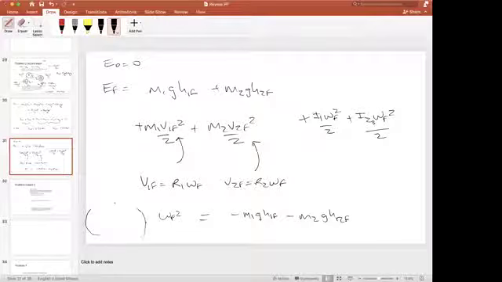And all that stuff is M1 R1 squared over 2 plus M2 R2 squared over 2, and I'm running out of room, sorry, plus I1 over 2 plus I23 over 2.